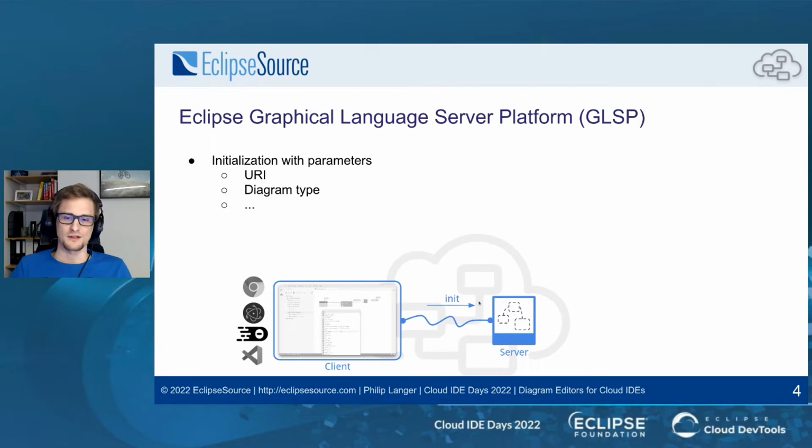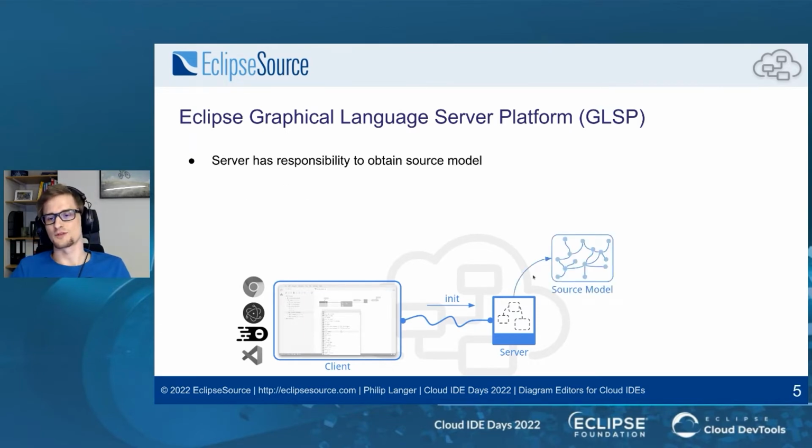The server will then be initialized, and based on those parameters that you've sent, has the responsibility to load the actual source model. The source model is essentially the actual data source that contains the information that you need to actually show a diagram, and the server needs to be able to load that.